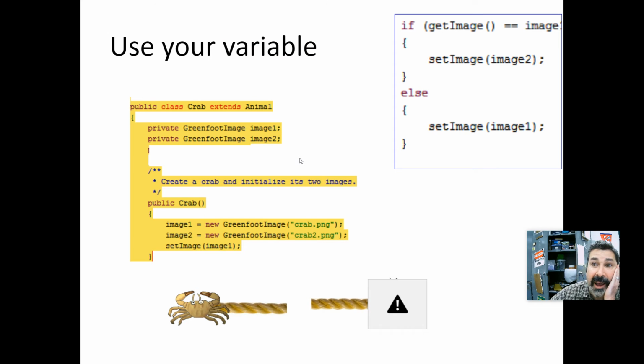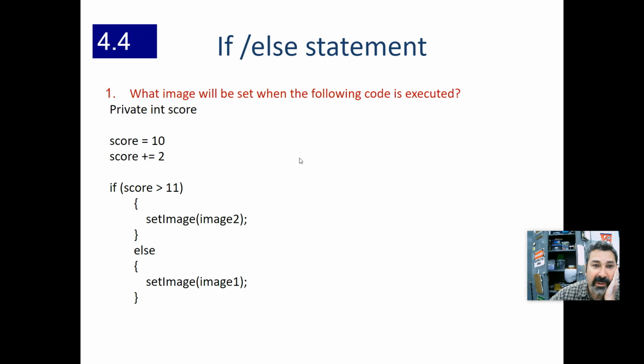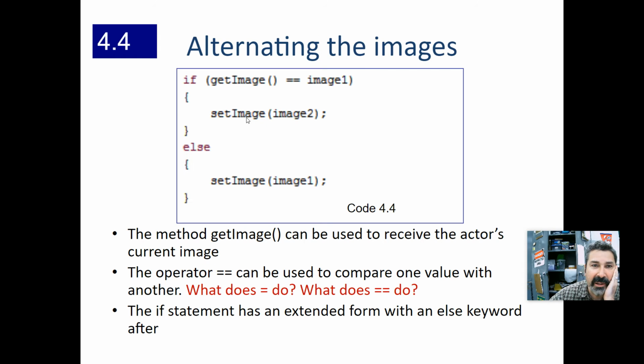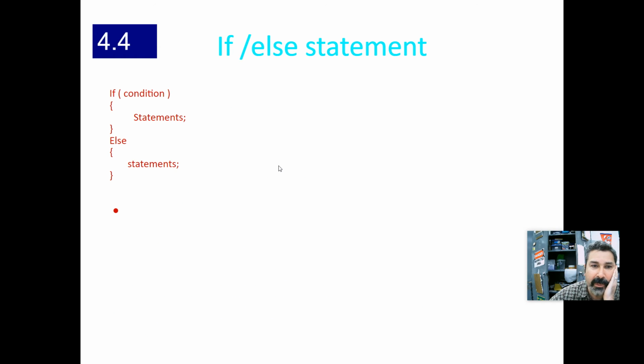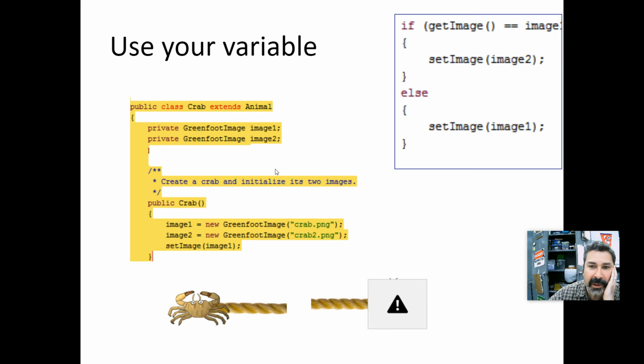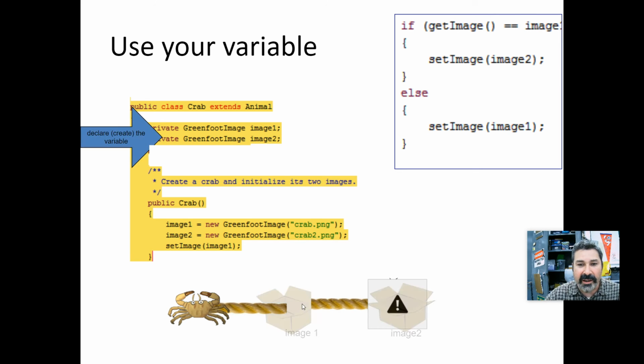All right. Now, I want to talk to you about this code here. We haven't typed this code in yet. We're going to, but let's talk about it first, because we've done a lot of work up to this point. So we started off with private Greenfoot image 1. So we created an empty box. We declared our variables. We have an empty box called image 1, image 2.